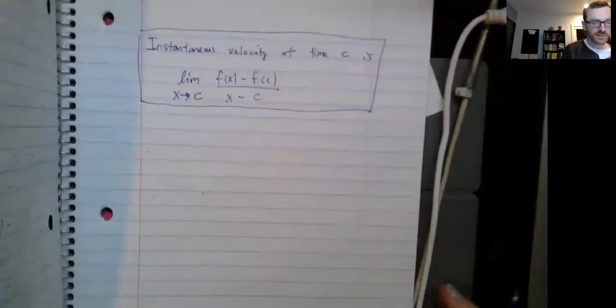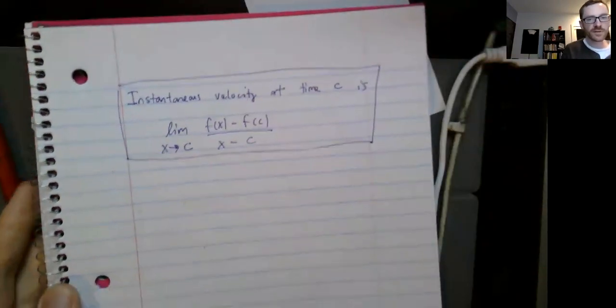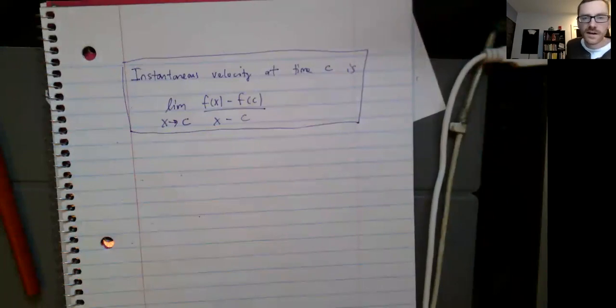Oops, I can see now that that was completely off the screen. Sorry about that. That was not clear to me when I was writing it, but that's the formula there. The instantaneous velocity at time c is given by this expression here: limit as x approaches c of f of x minus f of c over x minus c. It's just the same thing we just derived, except instead of the specific time 1, it's a general time c.